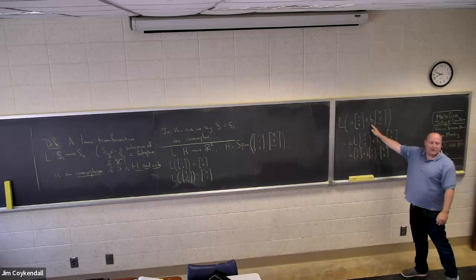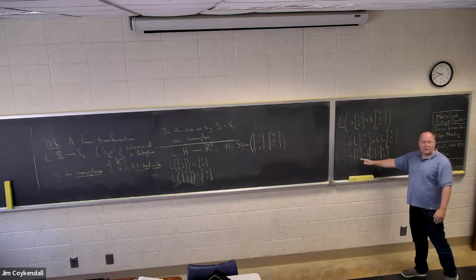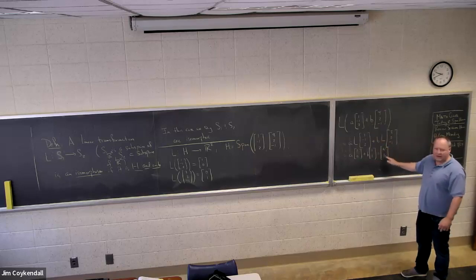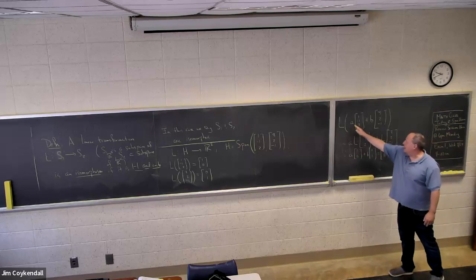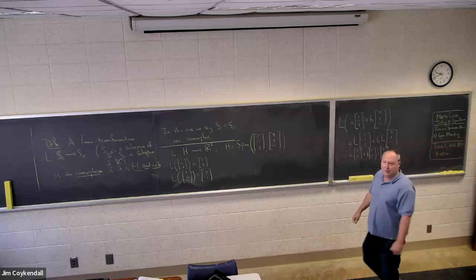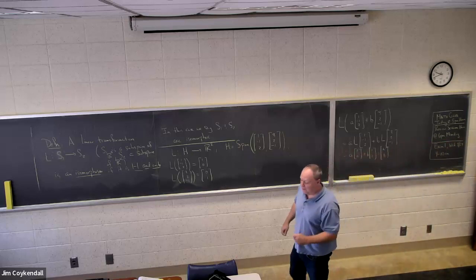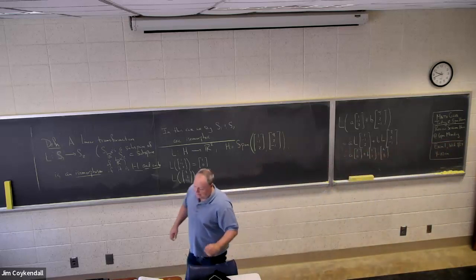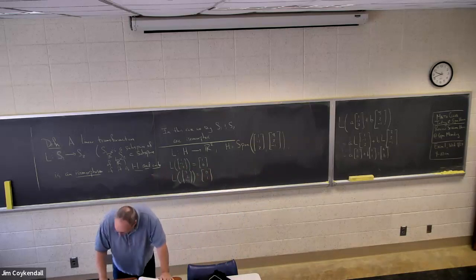It's easy to check that this is 1 to 1. You might have to check it, right? And it's clearly onto, because given any (A, B) here, just take A times this and B times this. That's where it'll go. This is one of the cool things about linear transformations: all you have to do is tell the basis where to go, and that tells you exactly what the linear transformation is.